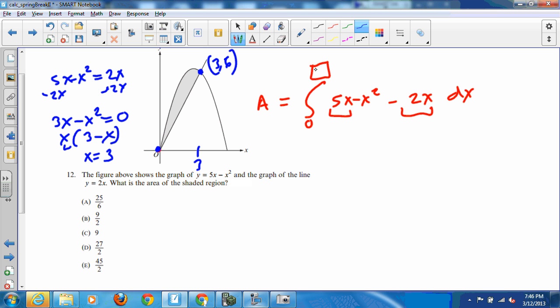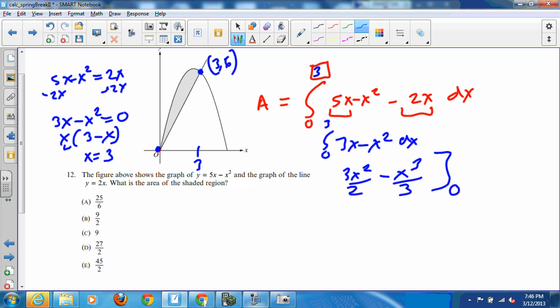Alright, so we're just going to plug in the x limits, and 5x minus 2x will give us 3x minus x squared from 0 to 3. And this is 3x squared over 2 minus x cubed over 3, and we're going to look at it from 0 to 3. Of course, the 0 is going to end up being minus 0.